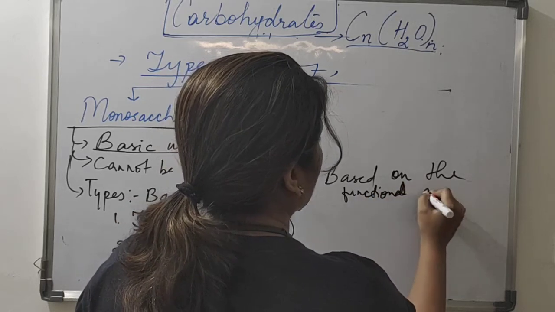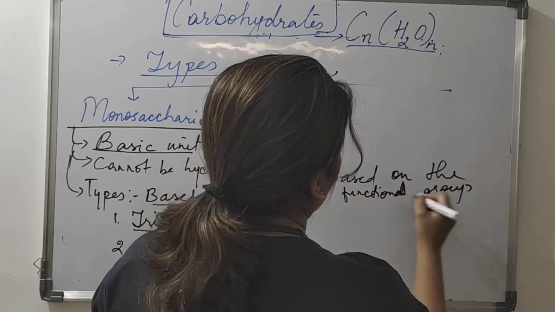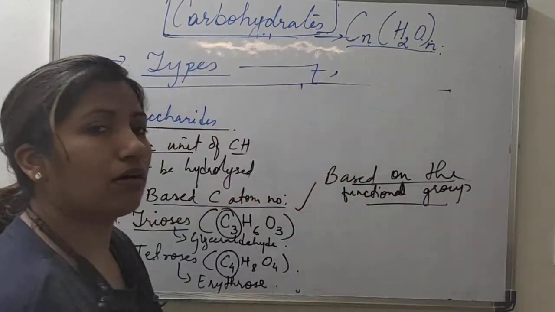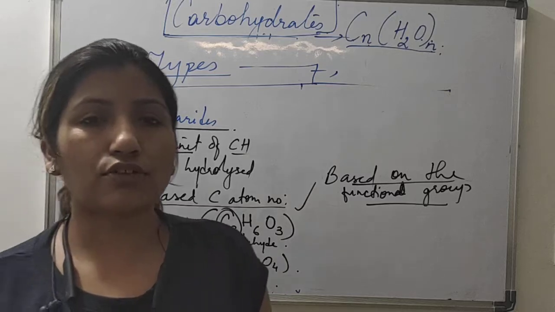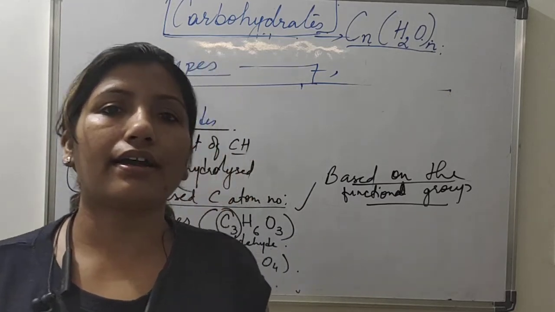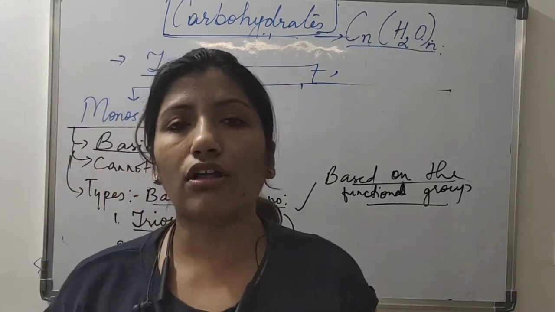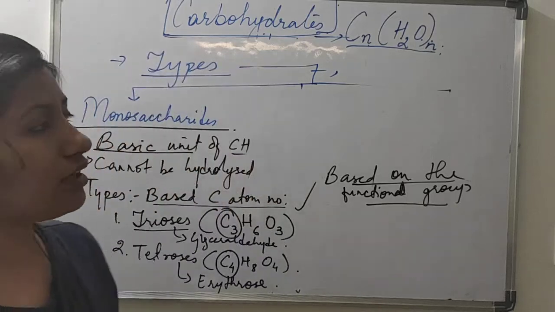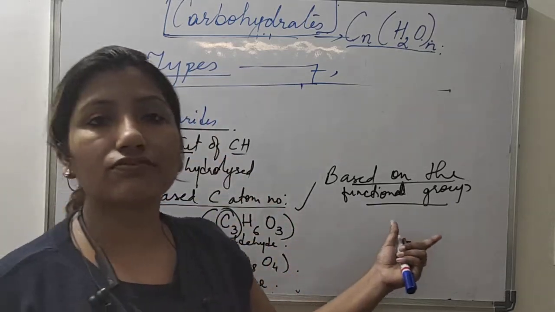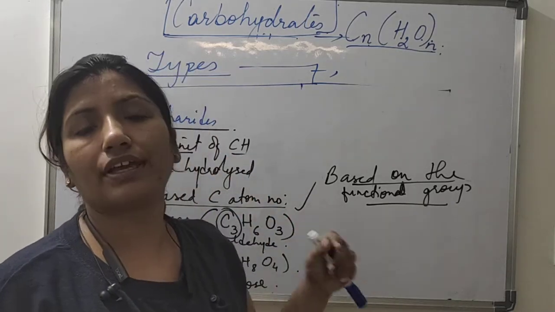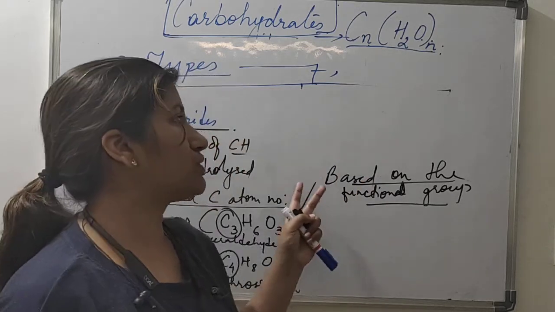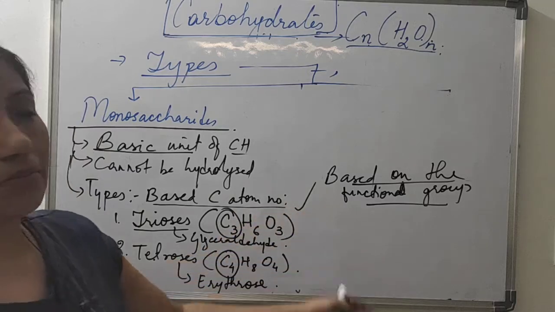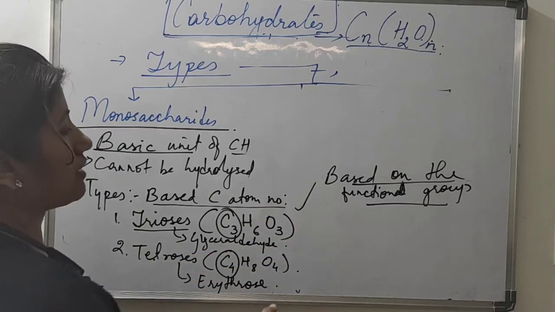We have studied functional groups in class 10. In chemistry you have studied what a functional group is, like aldehyde, ketone, alcohol. When carbohydrate is attached with these functional groups, monosaccharides can be of different types. There are 2 functional groups which associate with carbohydrate, and they form 2 different types of monosaccharides.